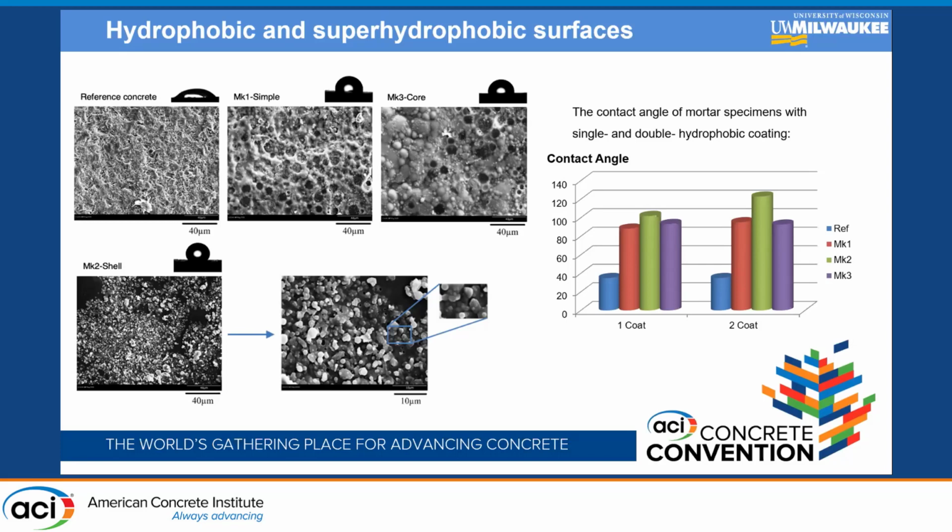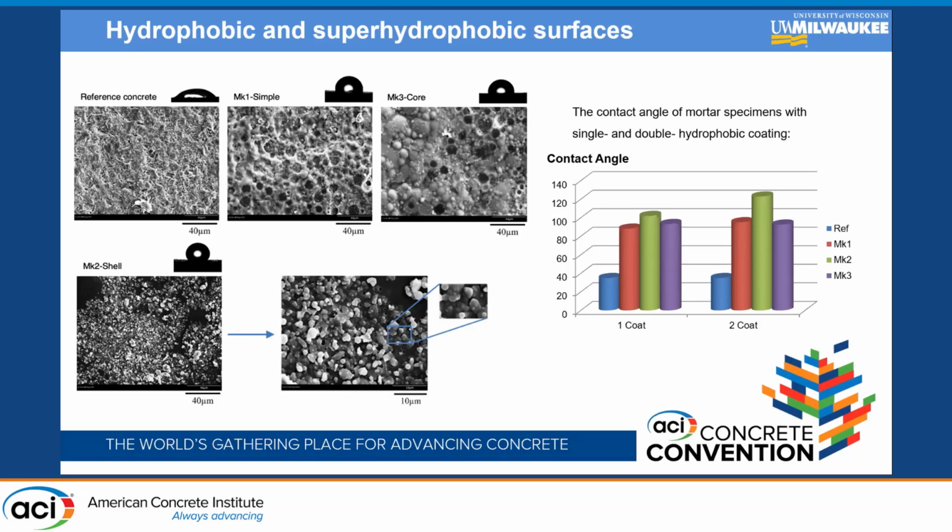This situation does not add anything valuable in terms of contact angle behavior at the surface. However, when you consider MK2, the shell situation, where we have nanoparticles added at the last stage of emulsification, we have formation of a shell around the hydrophobic bubble, and this creates a higher surface area and higher contact angle, because it corresponds more closely to the lotus leaf scenario.